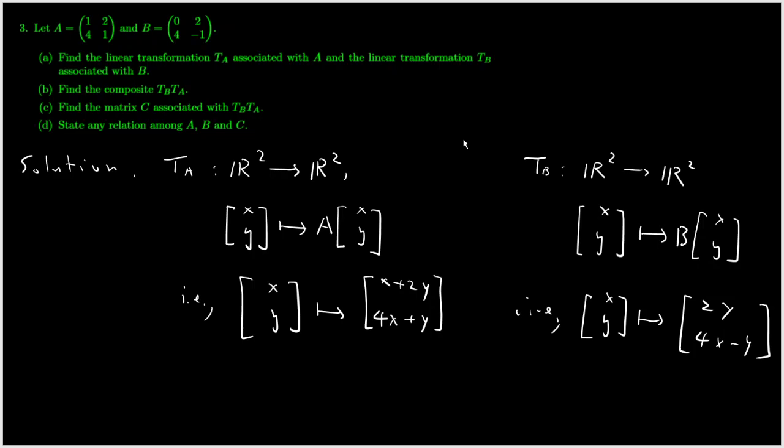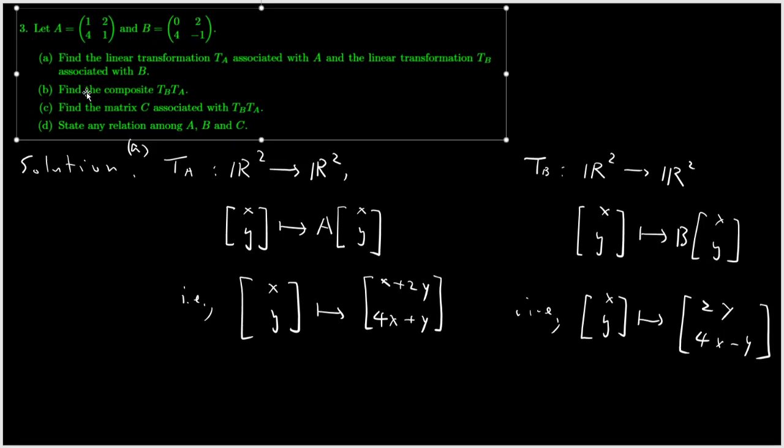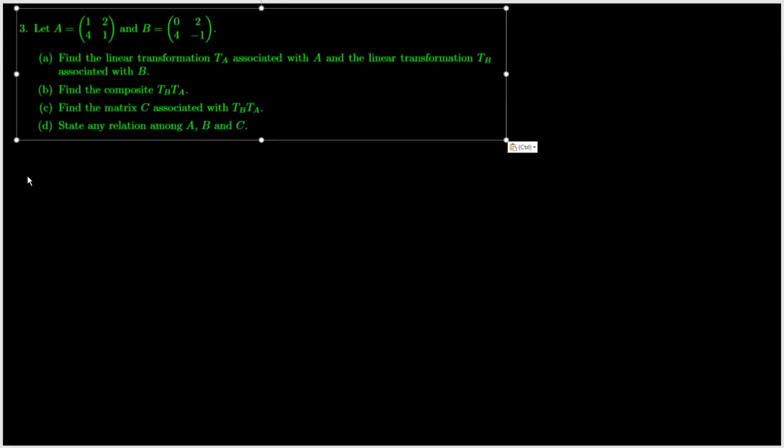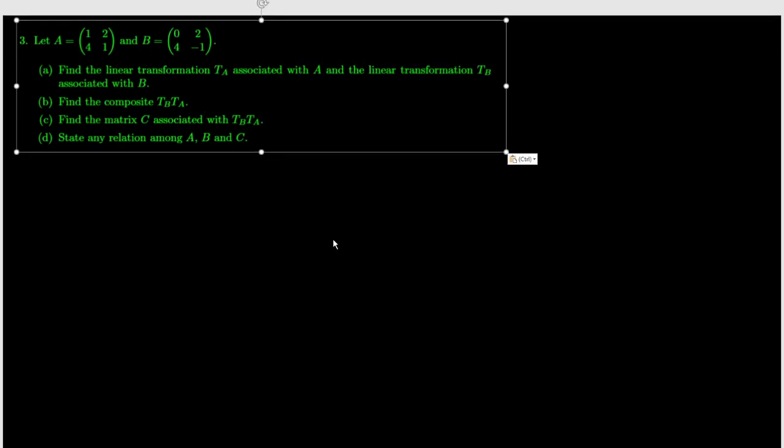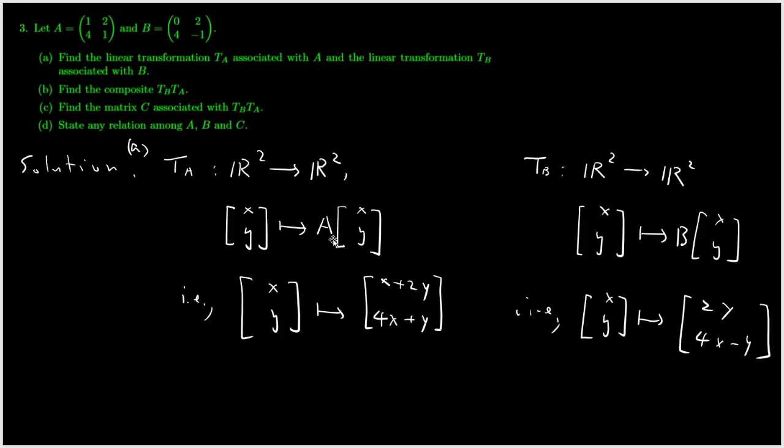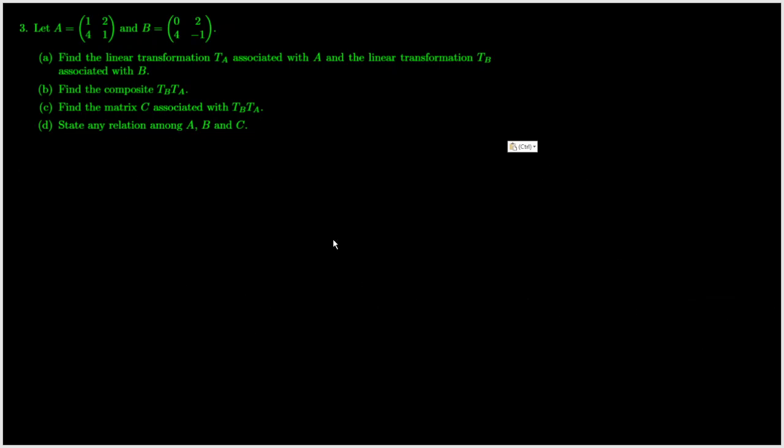So we're done with question A. We'll move on to B. In question B, we are looking for the composite of the 2 linear maps.